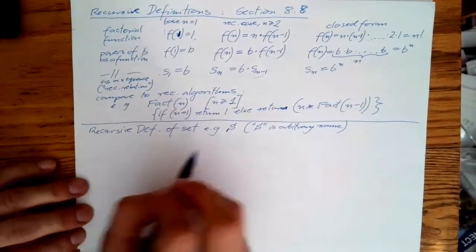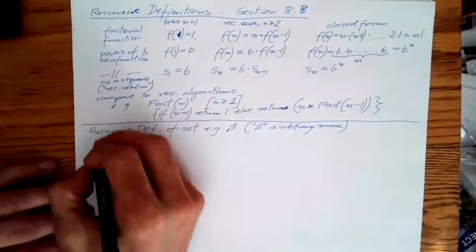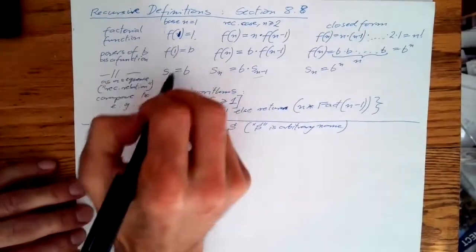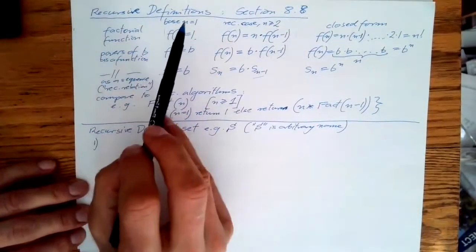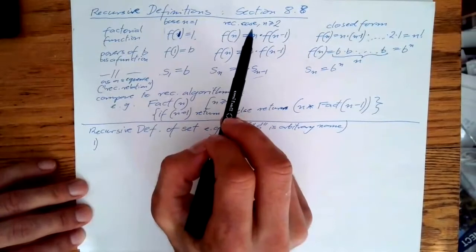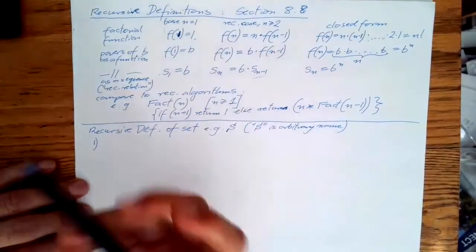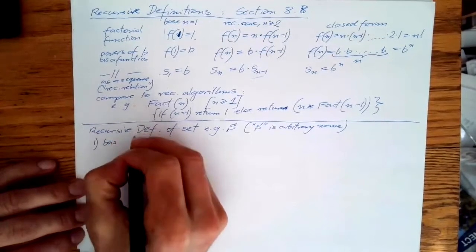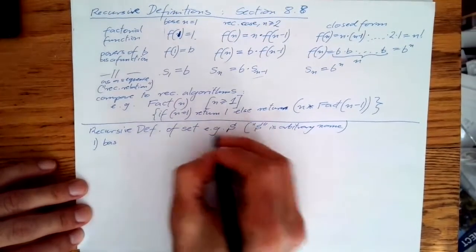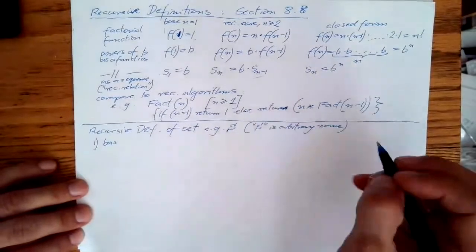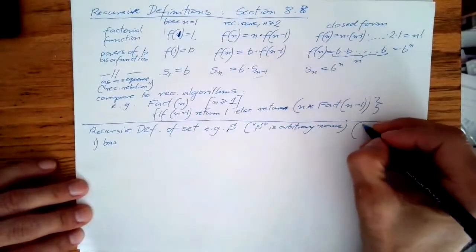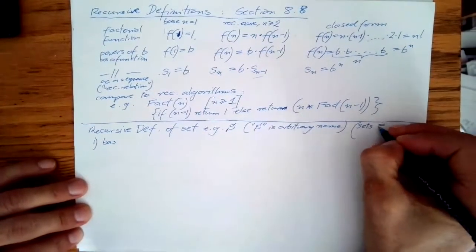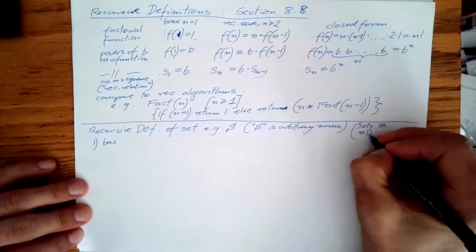So a recursive definition will consist, just like these recursive things, of two basic things: a base case and a recursive case. We call them rules in this more general case of set definitions. And really, sets are the same thing as data structures.